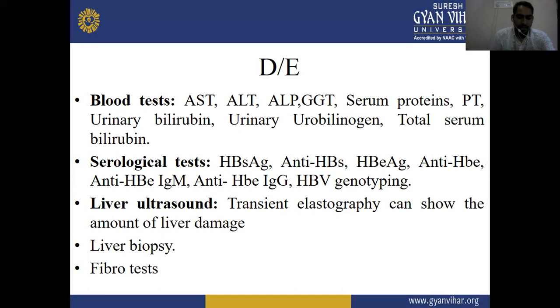AST means aspartate aminotransferase enzyme. ALT is alanine transaminase enzyme. ALP is alkaline phosphatase. GGT means gamma glutamyl transferase enzyme. These are the enzymes evaluated in the blood test.